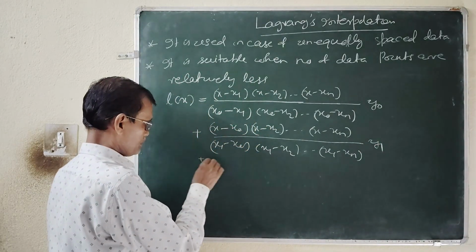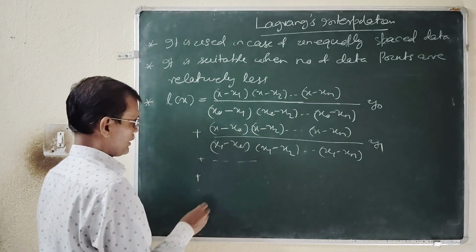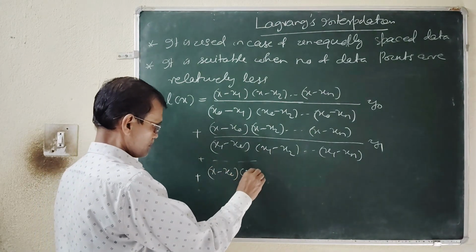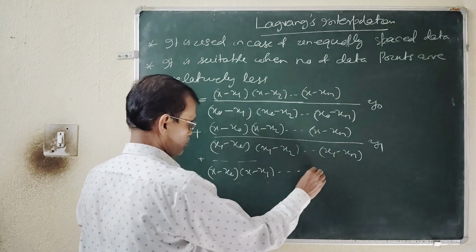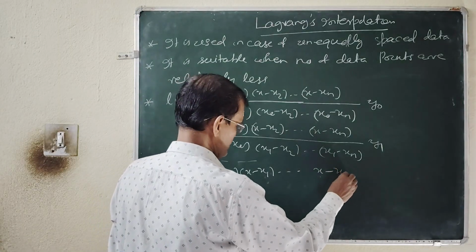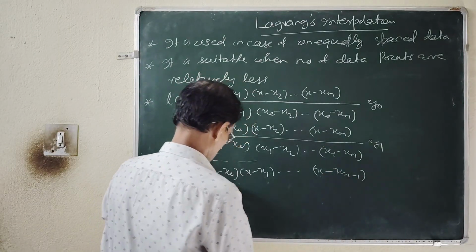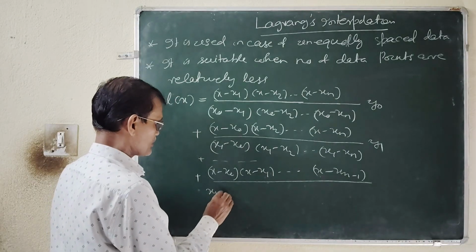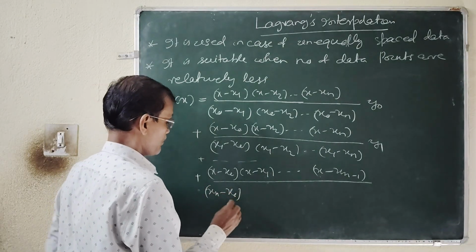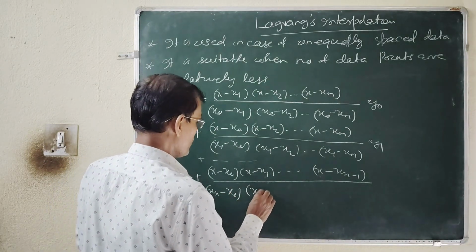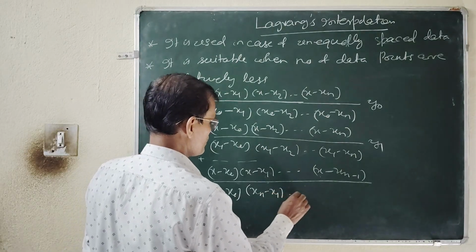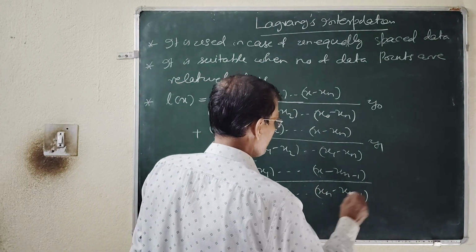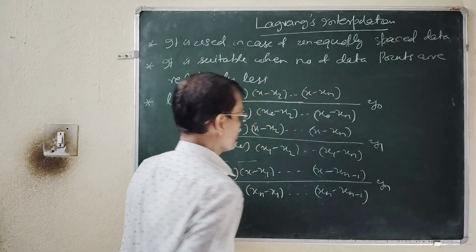Like this we will proceed, and the last will be (x minus x0)(x minus x1) up to (x minus x(n-1)) divided by (xn minus x0)(xn minus x1) up to (xn minus x(n-1)) into yn.